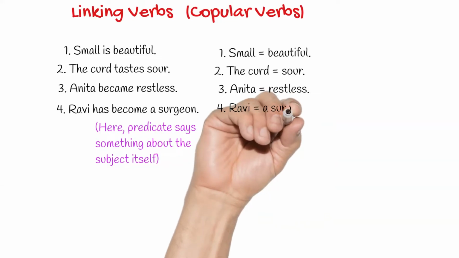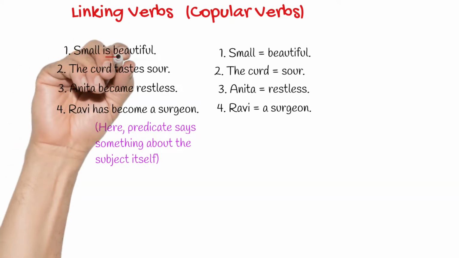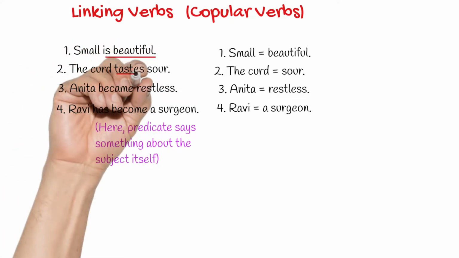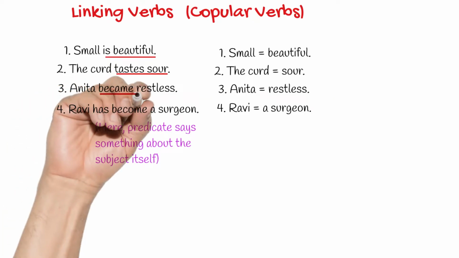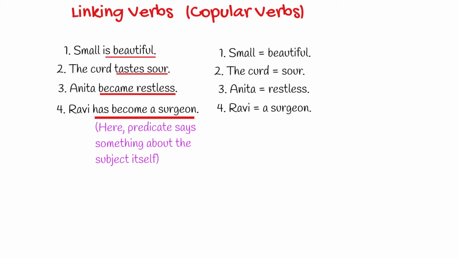the subject's action only. How to identify whether a verb is a linking verb or not? It is too simple. Just check whether the predicate is giving some additional information about the subject. If it is not, then it is not a linking verb. It must be an action verb.